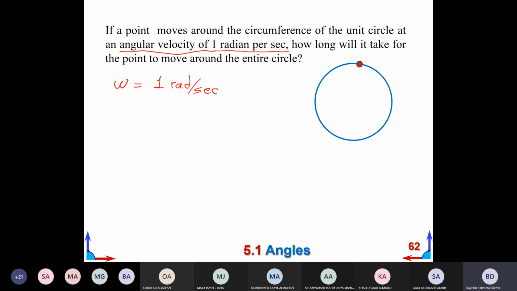How long will it take for the point to move around the circle 1 time? We can use the angular speed formula.